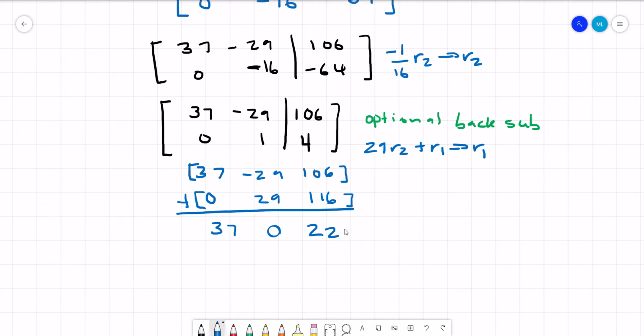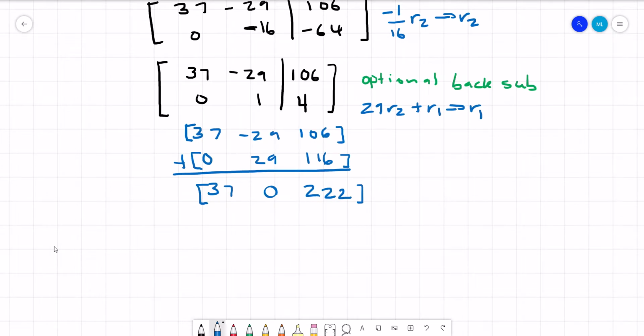Okay, so that's going to be 222 as a new entry for that row. Now let me just double check something real quick. Okay, so that means that we can now update our system.